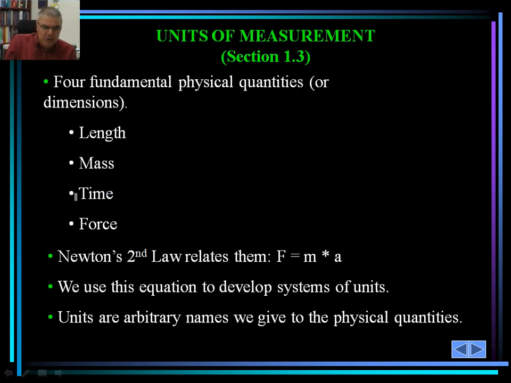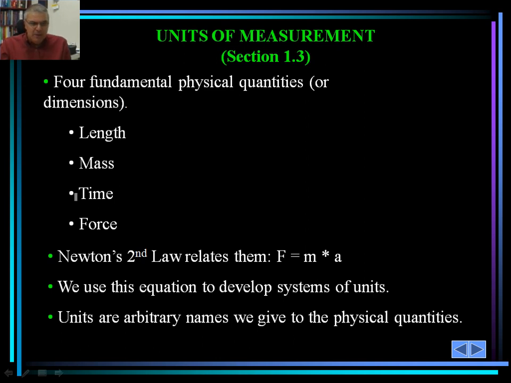In order to quantify things and solve problems, we would use units of measurement, dimensions, and their appropriate units. Four basic dimensions: length, mass, time, and force. And we would use Newton's second law. It relates force to mass and acceleration.